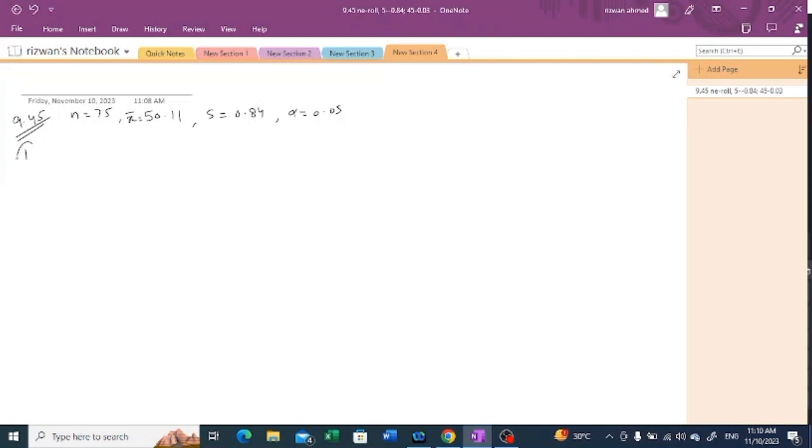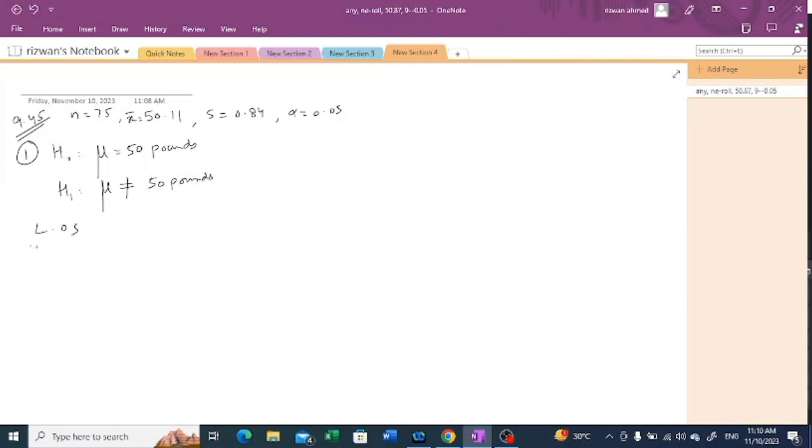Now, as step number 1, we will state our H naught, which is mu equals 50 pounds. H1 is mu differs from 50 pounds. Differ indicates that this is a two-tailed test that we need to perform.